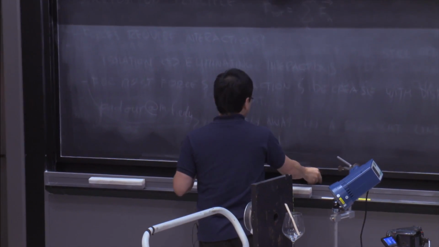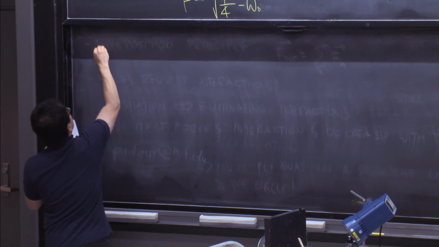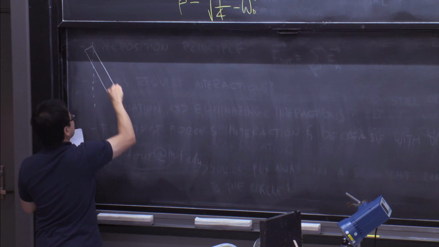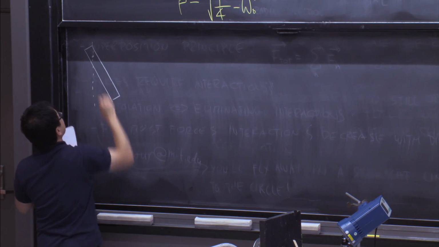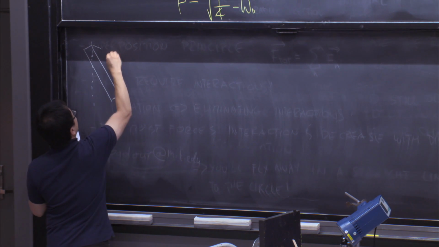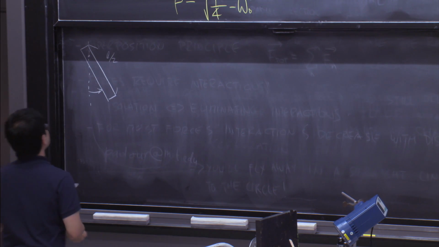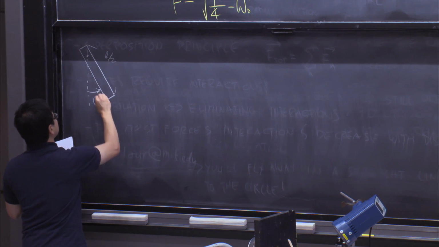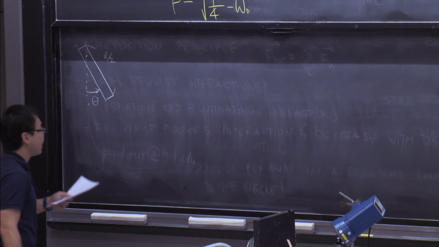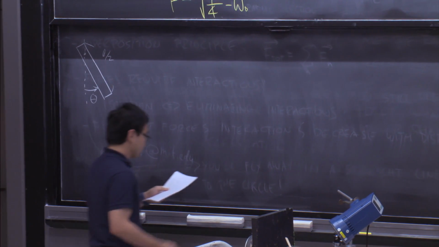We will use the example from last time as a starting point. It is a rod fixed on the wall, and the length of this rod is L/2. I define the counterclockwise direction to be positive, and I measure the position of the rod by this theta, the angle between the vertical direction and the pointing direction of the rod.